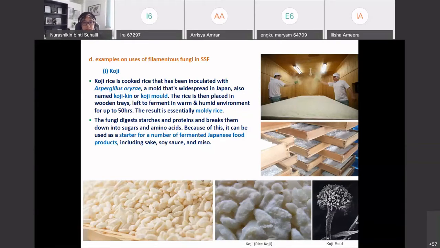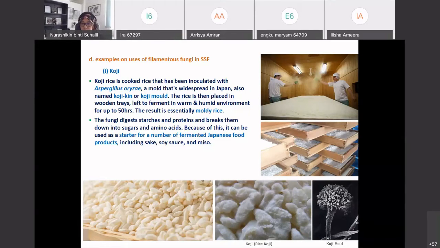One example is koji. Koji rice is a Japanese food. It's cooked rice that is inoculated with Aspergillus oryzae. It's a fungus, a mold. It's also named koji mold, the local name. The rice is placed in a wooden tray and left to ferment in a warm and humid environment for up to 50 hours.